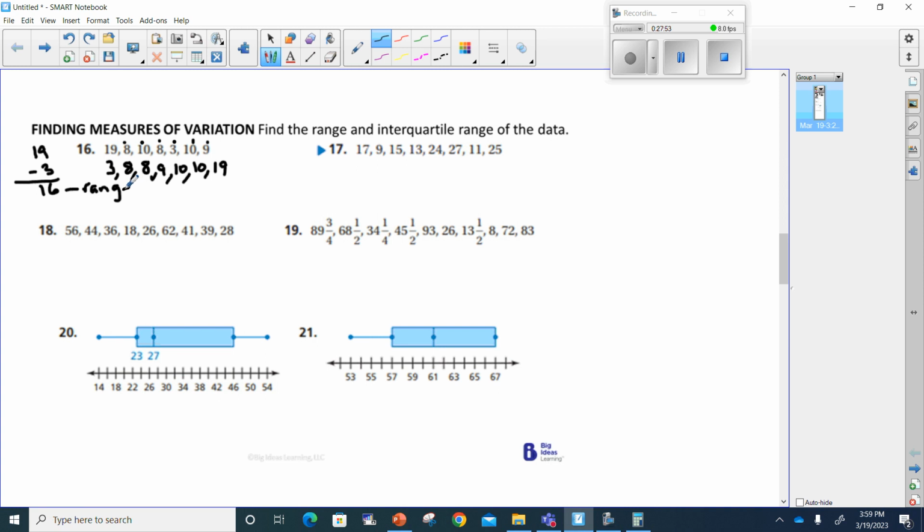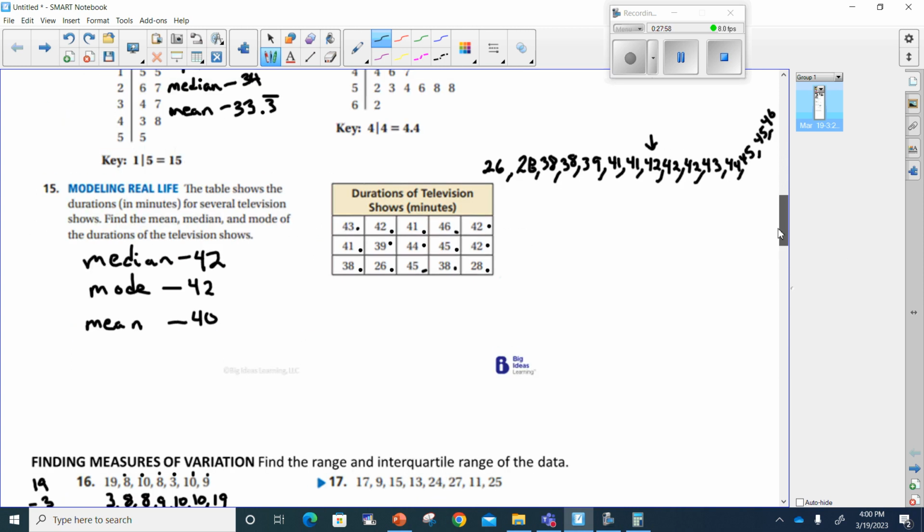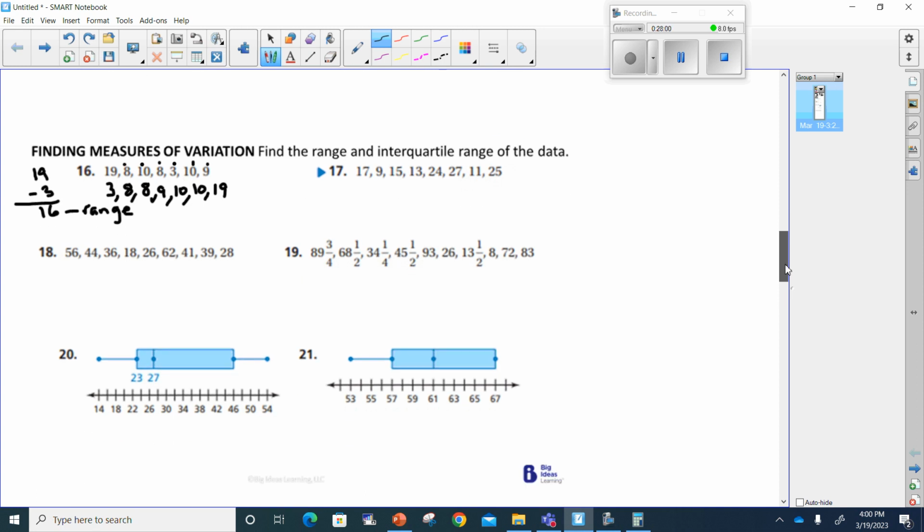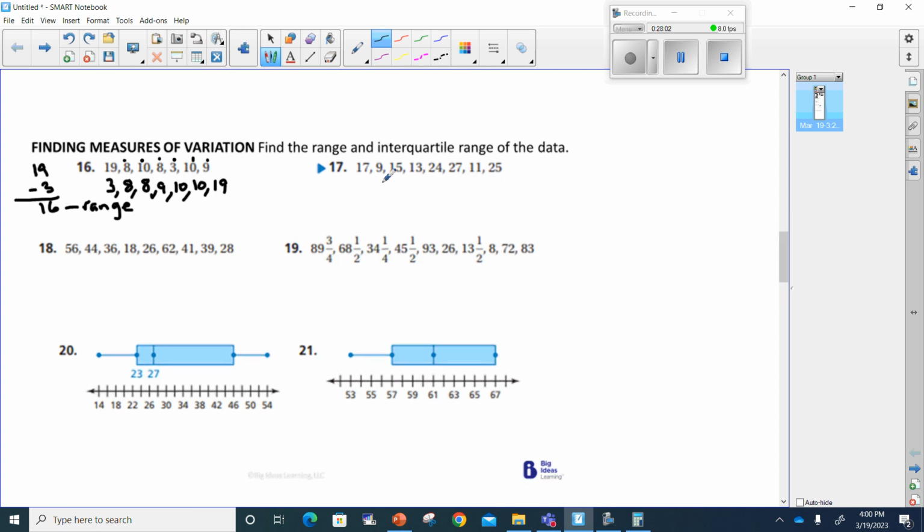The interquartile, oh my gosh, that's an even one, isn't it? Yes, I wasn't supposed to do that one. I was supposed to do this one over here. So I'm going to stop there and start on 17. I apologize. I'm going to have to put these in order. The smallest one here is going to be 9. Next smallest looks like 11.